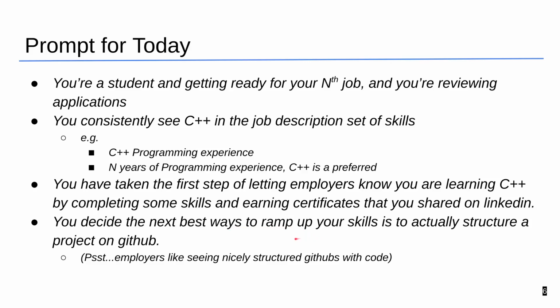It's no secret, I hope, that employers like to see projects on GitHub and code that you've actually written, thought about, and developed. That's what we want to be working on, putting up some real code by the end of this course. But we're going to get some C++ up and running today.